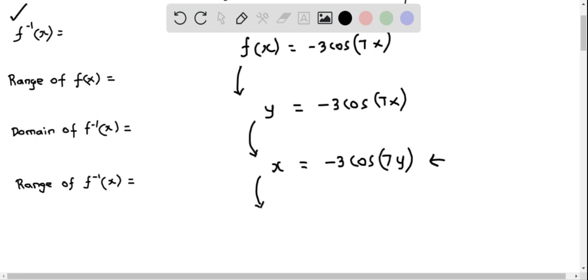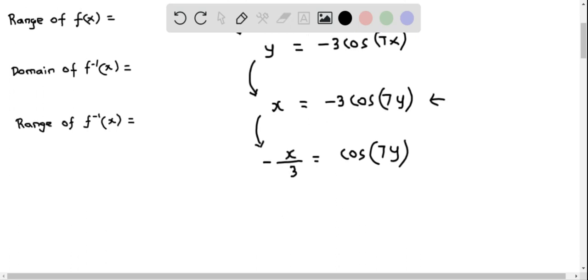To solve for y, first we have to divide both sides by negative 3. So this becomes x over negative 3 equals cos of 7y, which can be written as negative of x over 3. Now we can take cos inverse on both sides. We get cos inverse of negative x over 3 equals 7y.